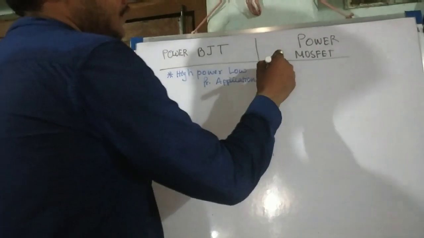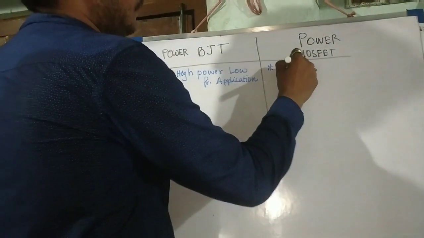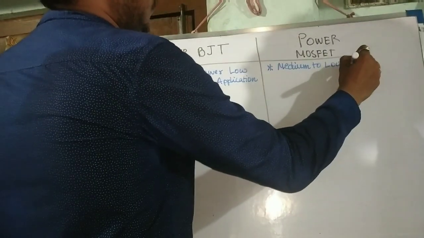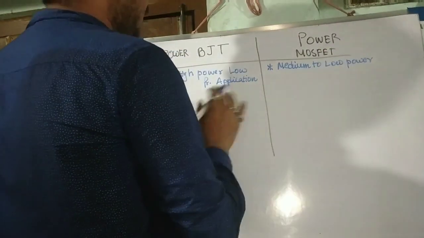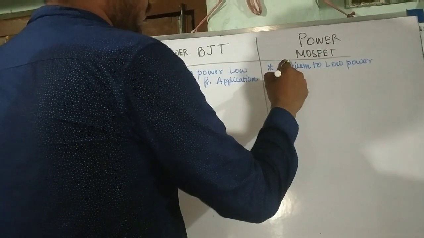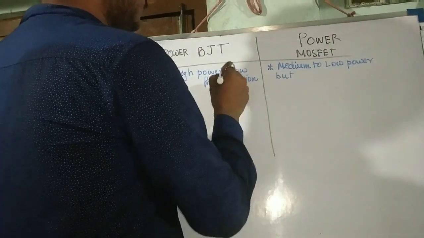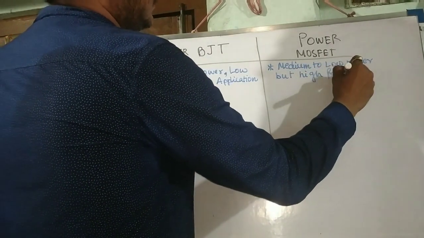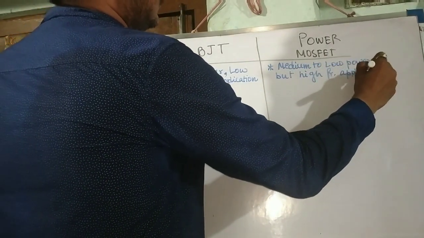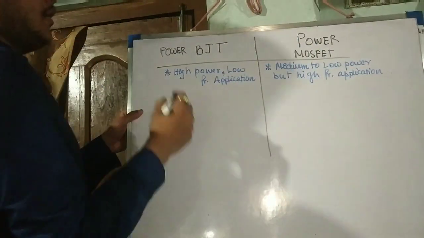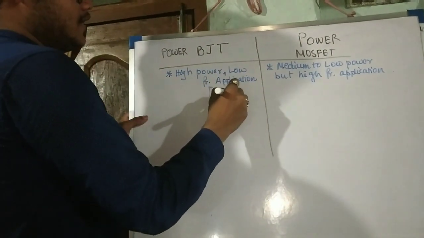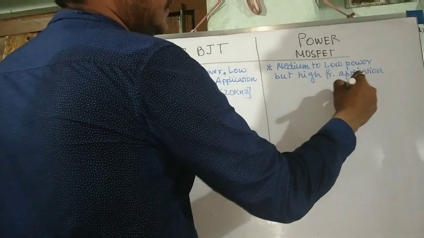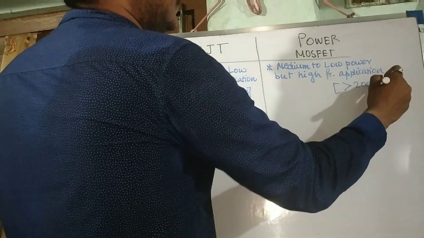But in power MOSFET, it is used for medium to low power, but high frequency application. The frequency range of power BJT is less than 20 kilohertz, whereas the frequency range of power MOSFET is greater than 200 kilohertz.